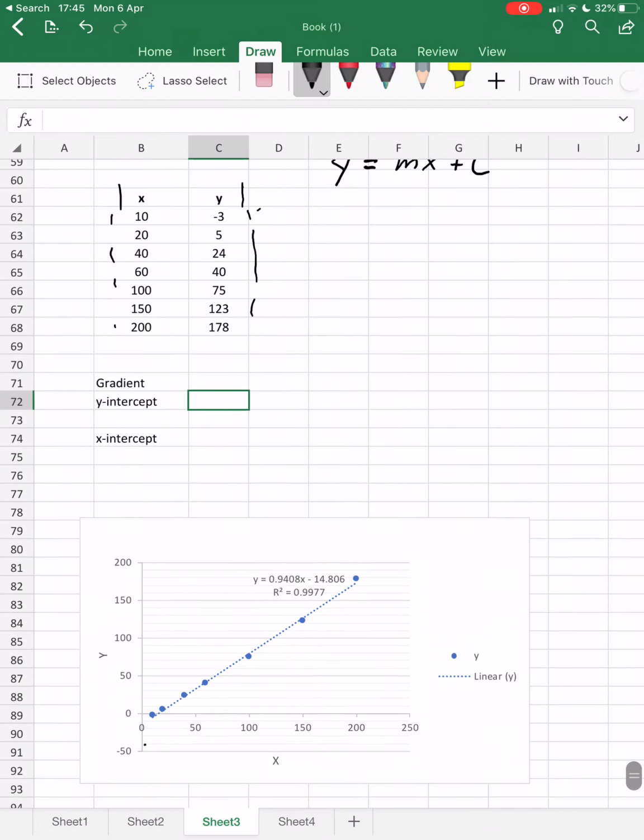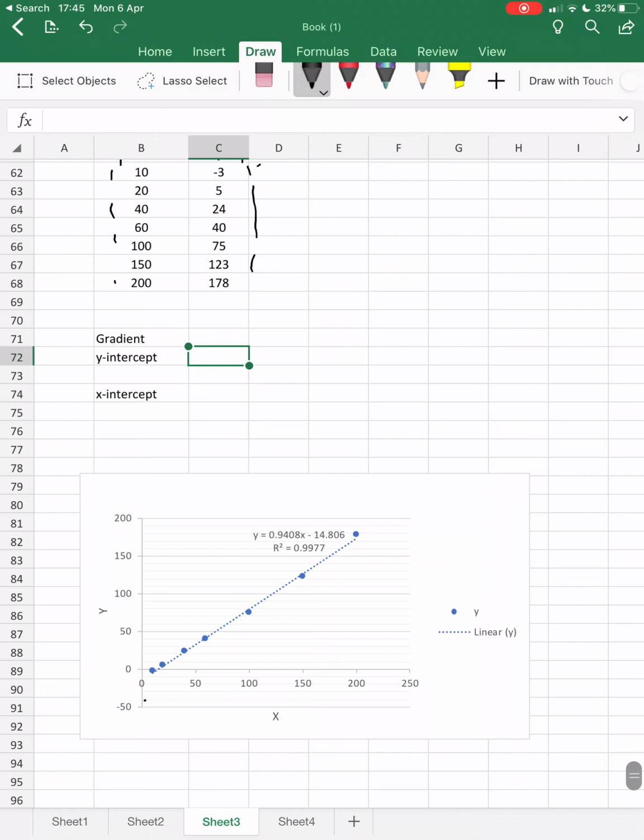And of course we could do a scatter plot with our x value, the independent value on the x-axis and the dependent value on the y-axis.